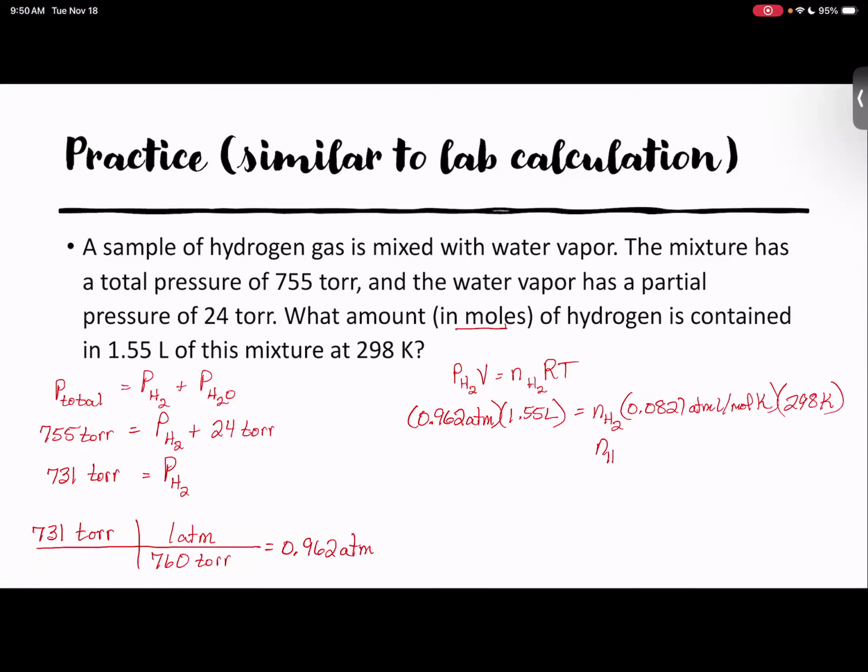Solving for the moles of hydrogen, you get a value of 0.0609 moles of hydrogen.